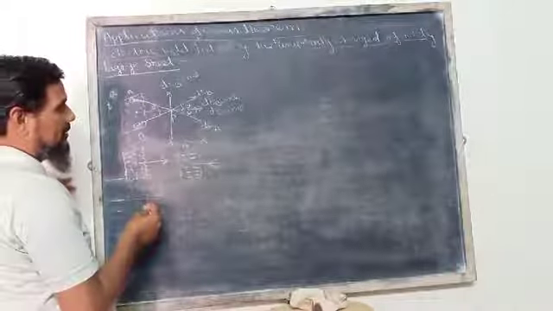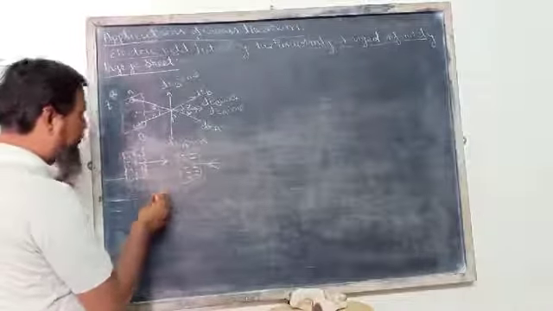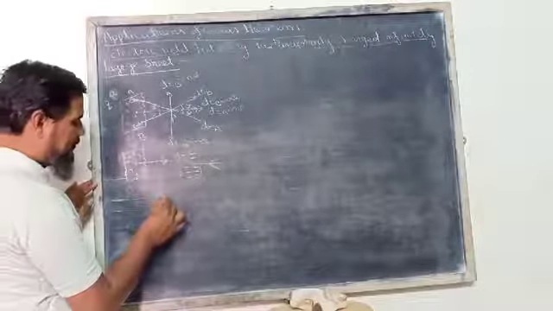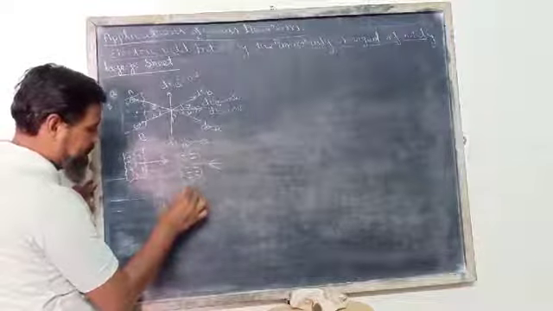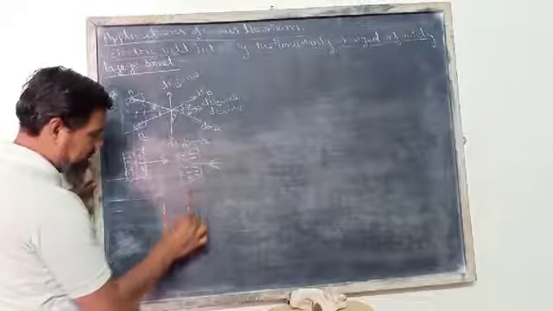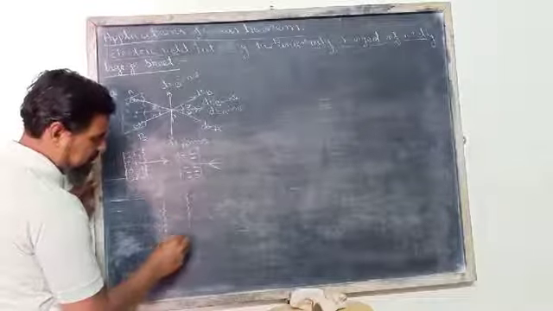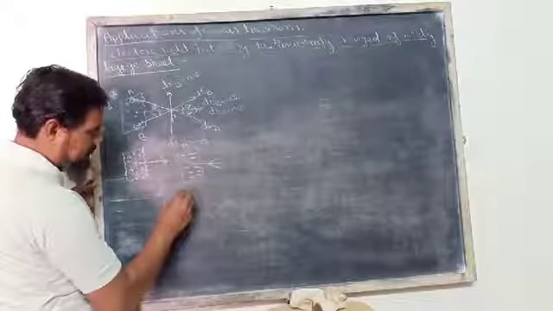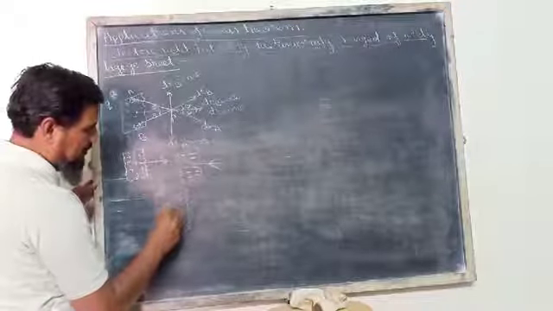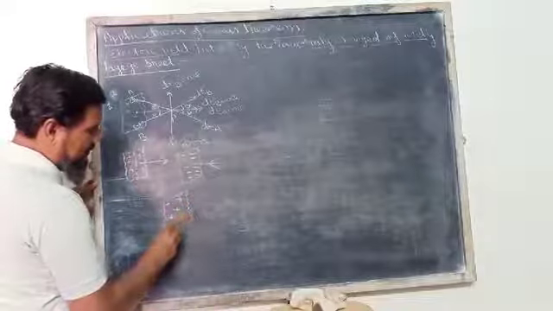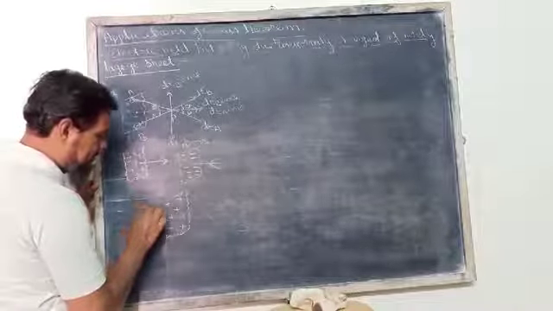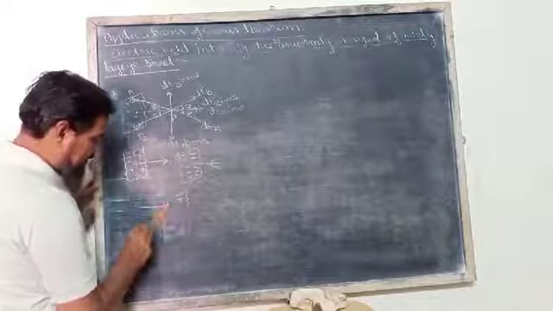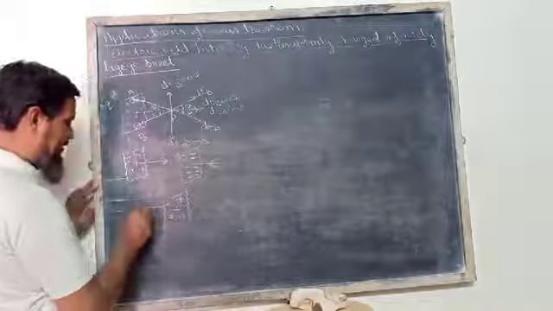Now, in order to determine the magnitude of electric field intensity due to the sheet, we consider a positively charged sheet, and then we consider a cylindrical Gaussian surface.